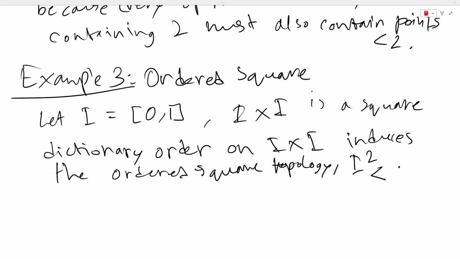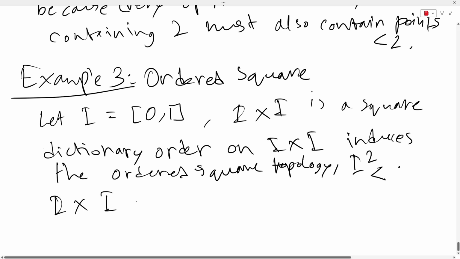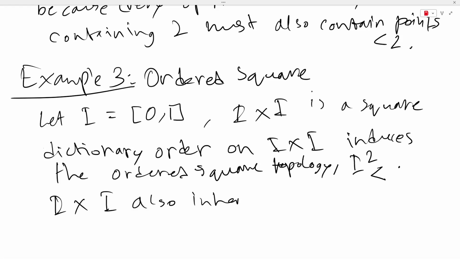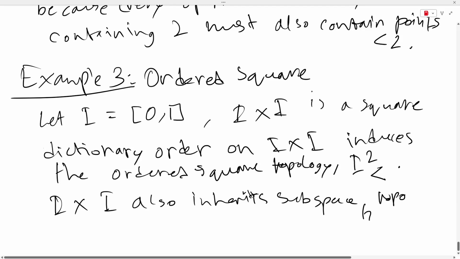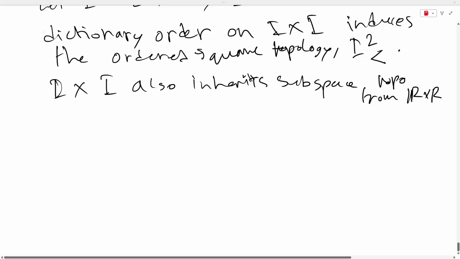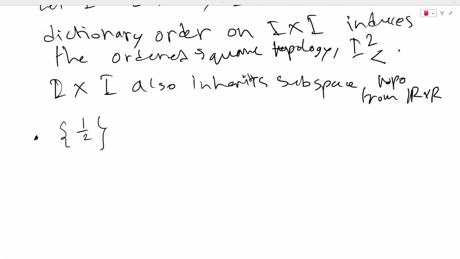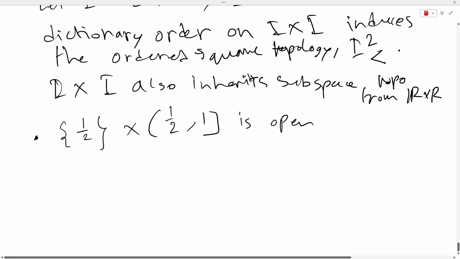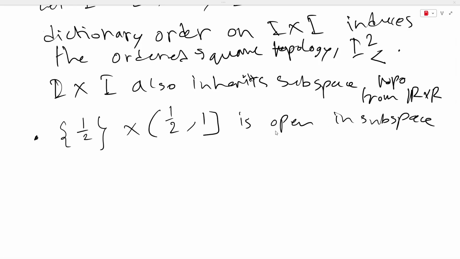Now it differs from the subspace topology that I times I inherits from R times R. First, let me say I times I also inherits the subspace topology from R times R. For example, the vertical segment {1/2} times (1/2, 1) is open in the subspace topology.